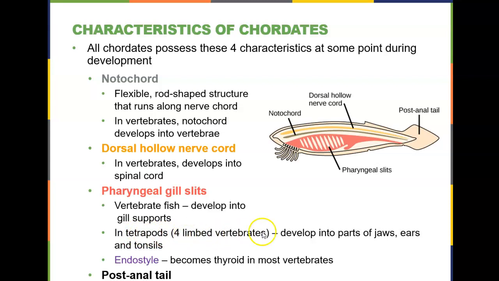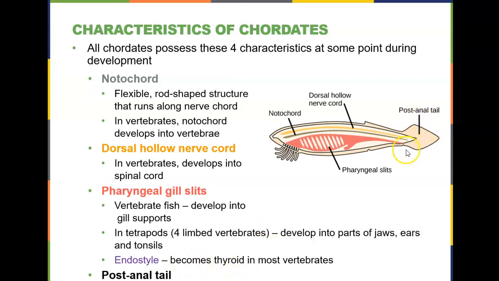In those animals, the pharyngeal slits will develop into parts of the jaw, the ears, and the tonsils. Additionally, part of the pharyngeal slits develops into a structure called the endostyle, and in adult vertebrates, this will develop into the thyroid gland, which helps to regulate growth and metabolism usage.